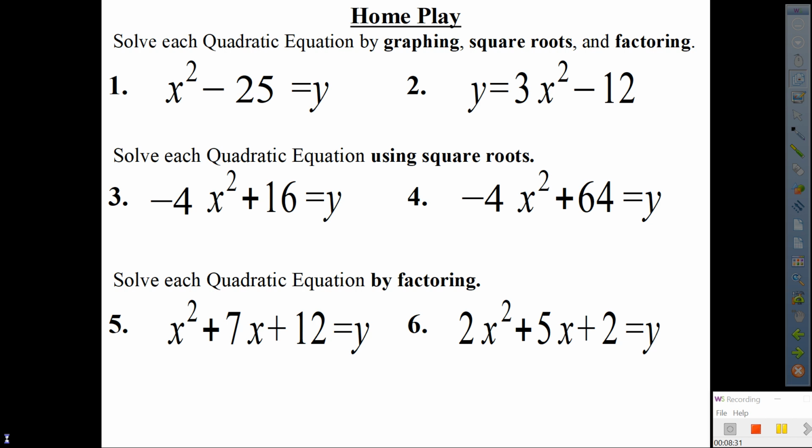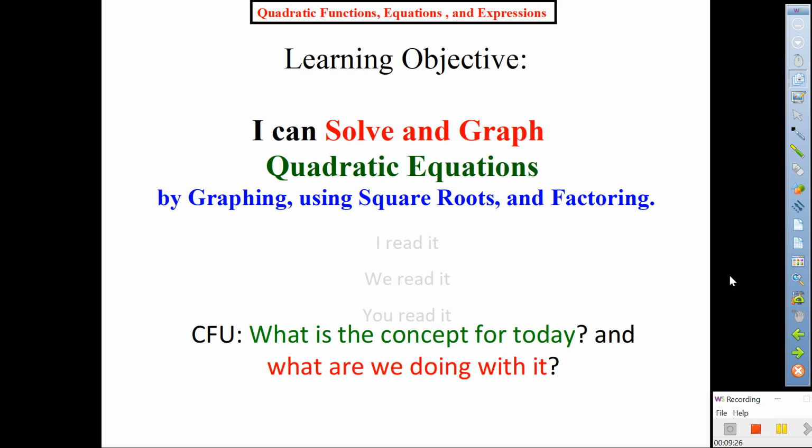I'll give you some time to copy that. Once again, our objective for today is to solve and graph quadratic equations by graphing, using square roots, and factoring. And if you notice, we have a new concept today, yes? So what's our concept for today?